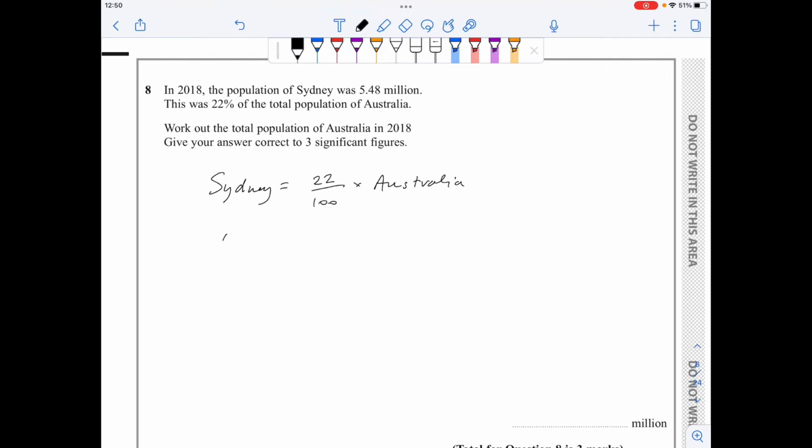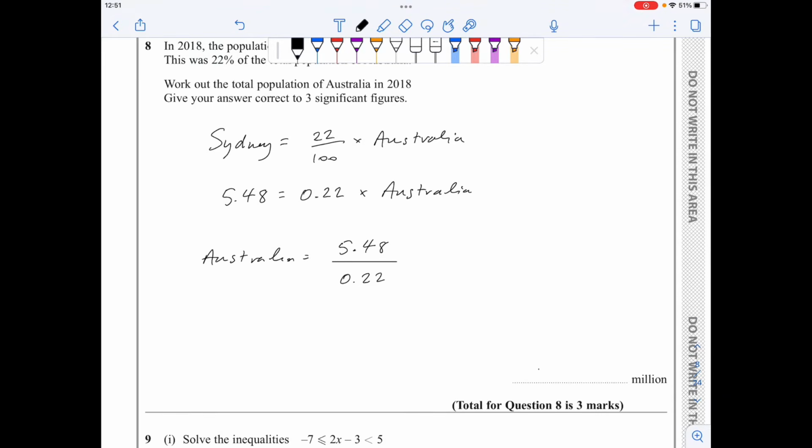So I've got 5.48 equals 0.22 times Australia. So Australia is equal to 5.48 divided by 0.22, which comes out to be 24.9 million.